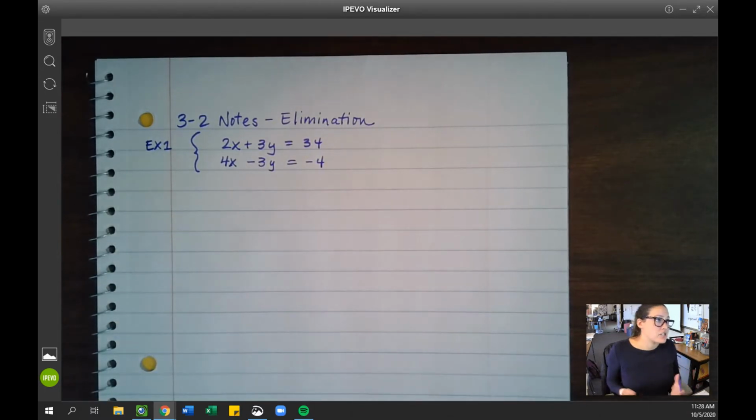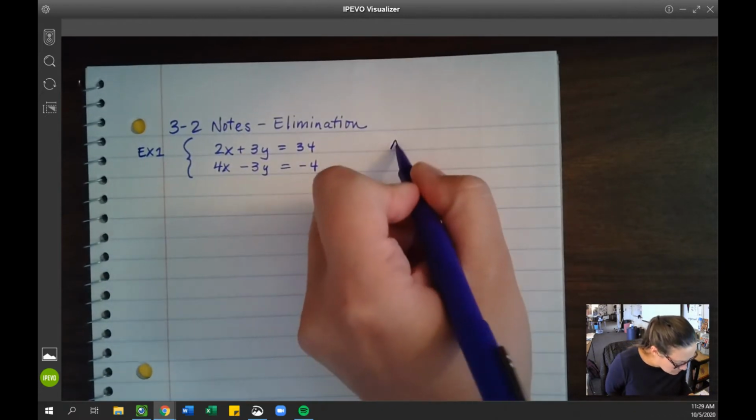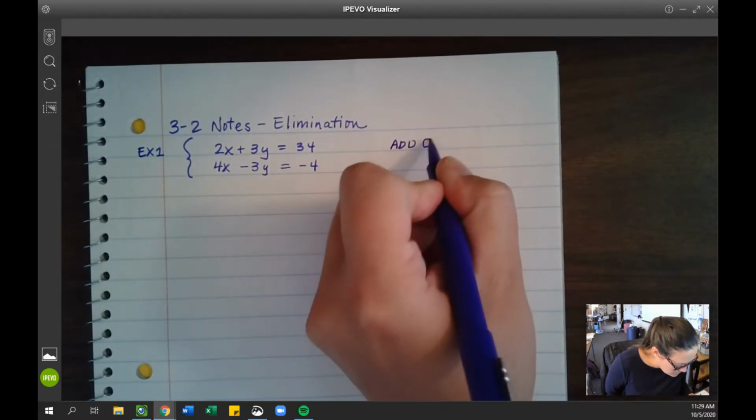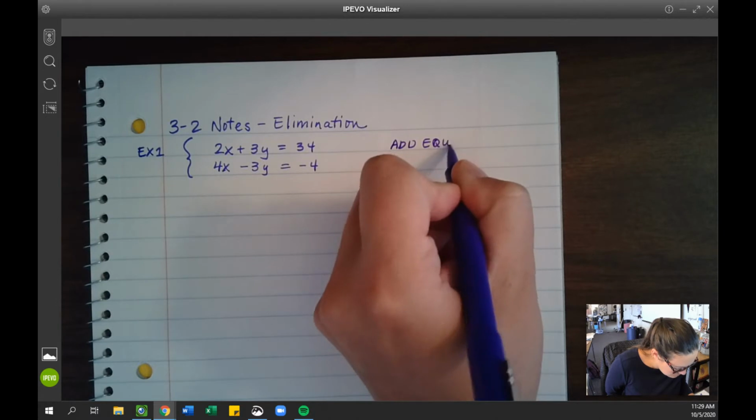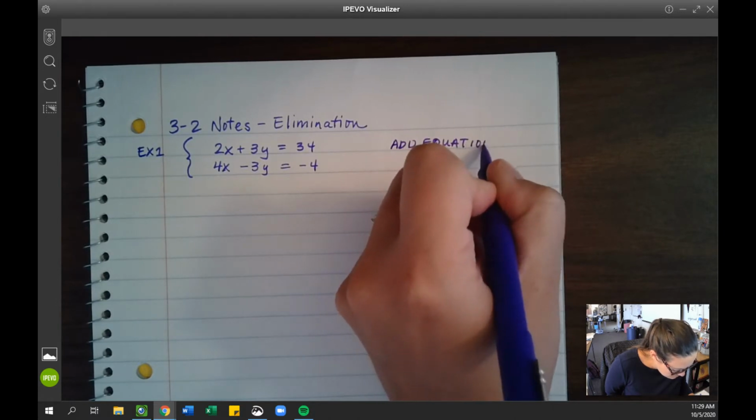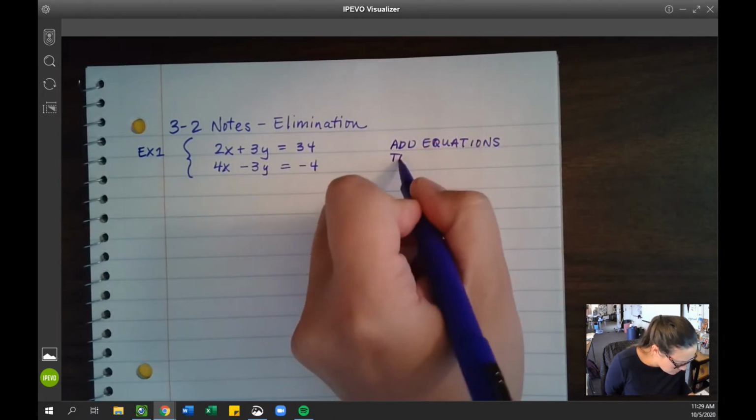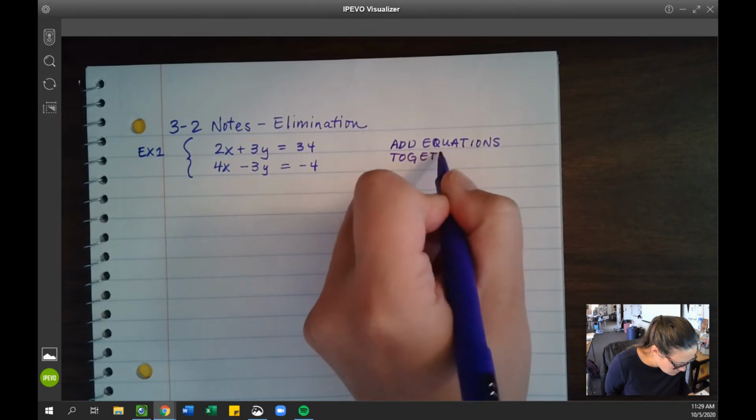Obviously fractions are not the end of the world, but it's good to have different methods for solving because you'll see right now that this elimination method is way easier than using either of the other two methods in this case. So here's the key idea with elimination. With elimination, we add the equations together vertically.